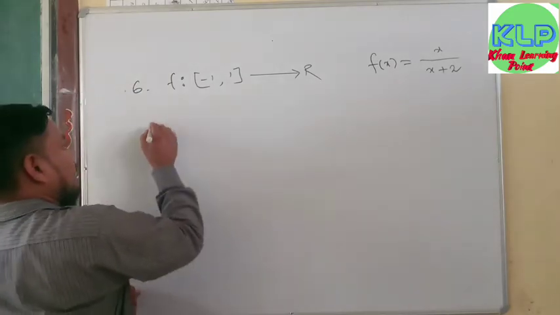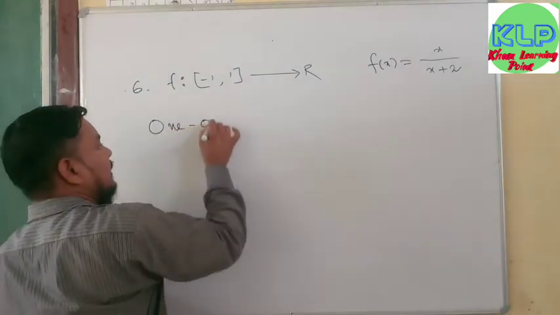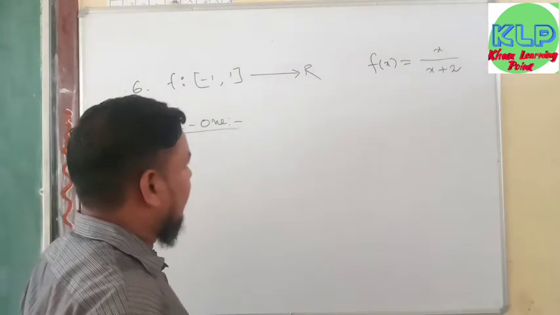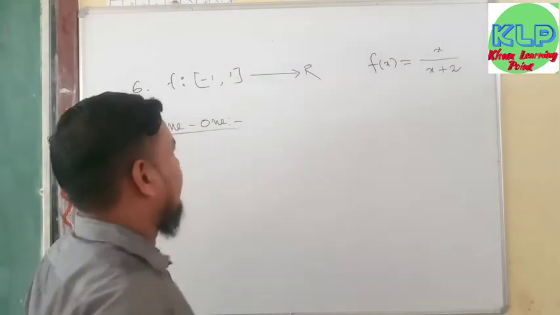First we will show the function is 1-1. For 1-1, we need to consider two elements of the domain.